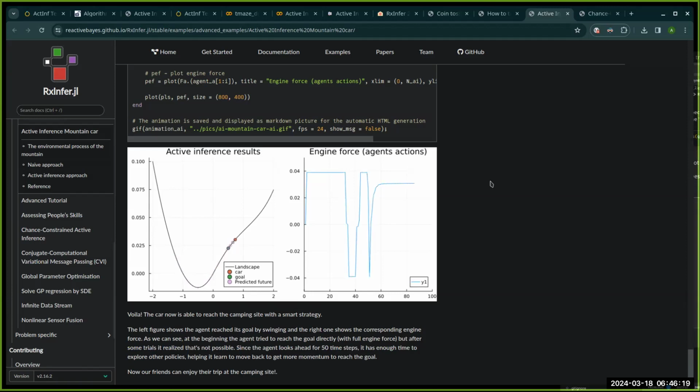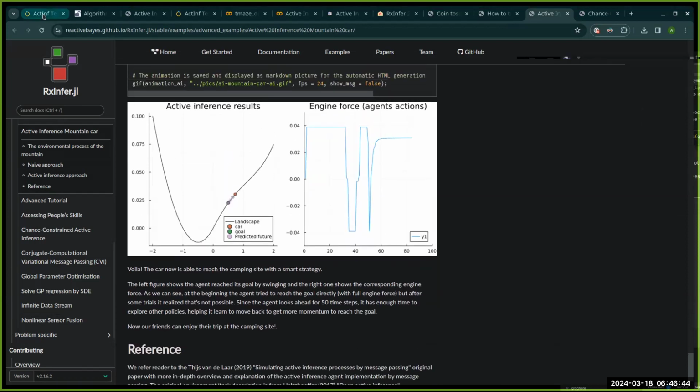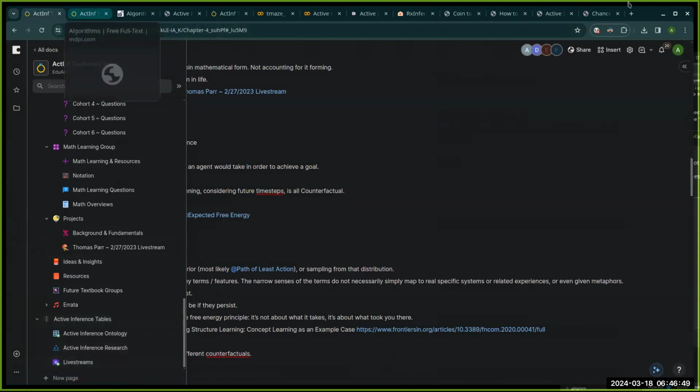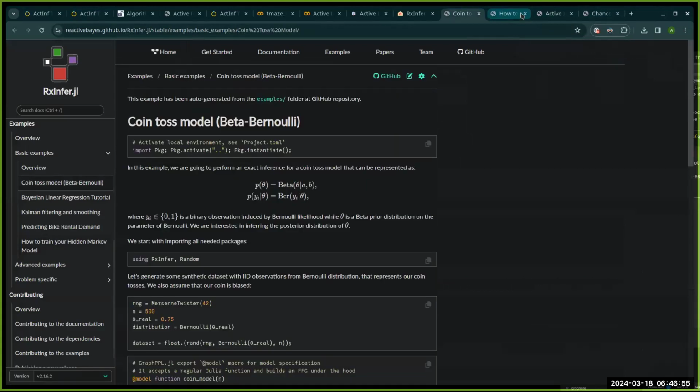This is trying to model a car that needs to take the right actions to exploit its velocity and acceleration in order to move up a hill landscape to reach a goal that it otherwise couldn't if it just put the pedal to the floor, so to speak. And so the agent learns what it should do in order to reach that goal. They're just toy examples, but super cool stuff. And I think useful if you have your own project that you want to undertake, using this as a foundation for that.